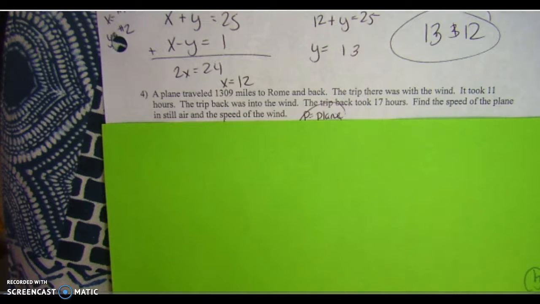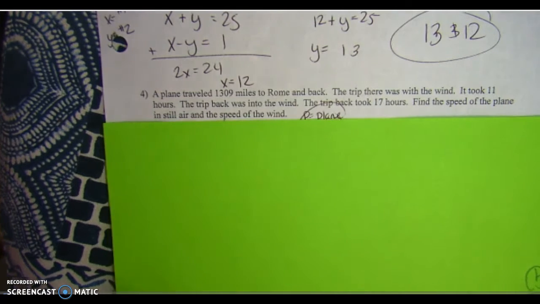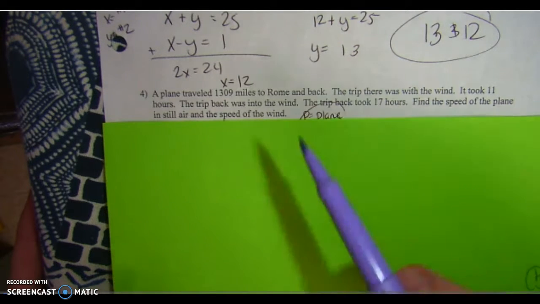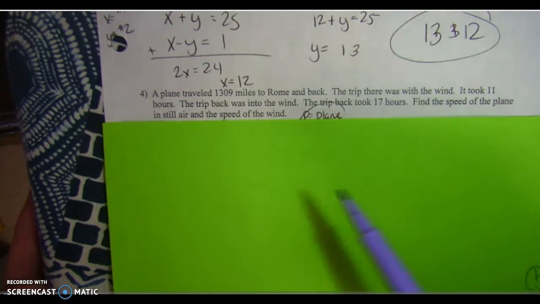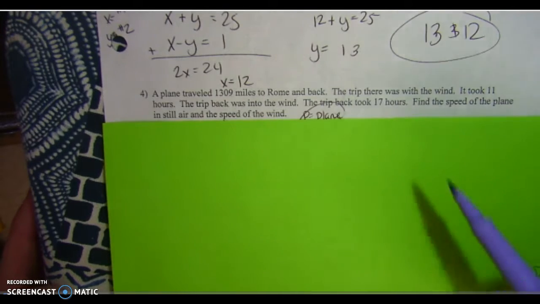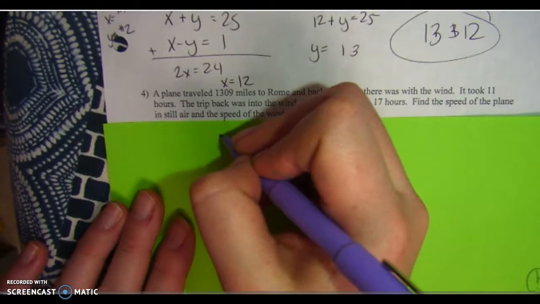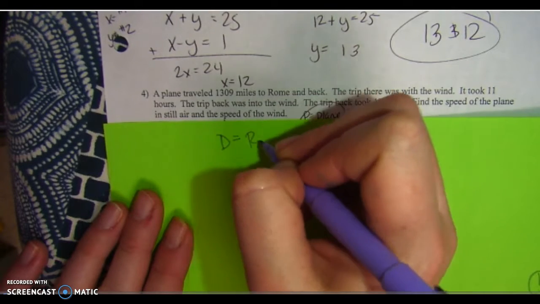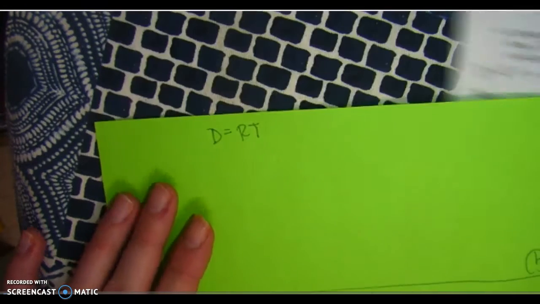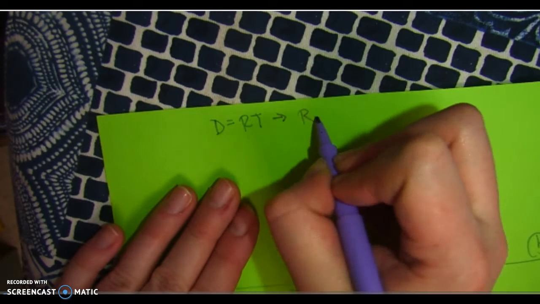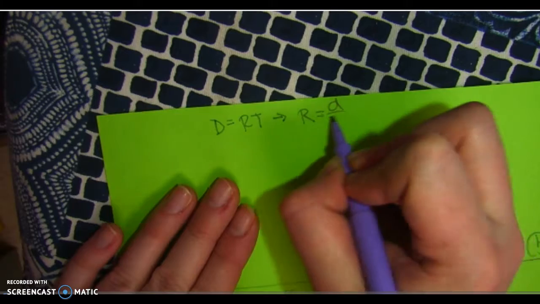So remember when we were doing our regular distance, rate, and time problems, we were just finding the speed of the wind, or we were finding the speed of the plane. We weren't finding both, so that's why we can't solve with our table setup. So we're still going to use our fabulous formula, distance equals rate times time. We want to find the rate, so rate would equal distance over time.